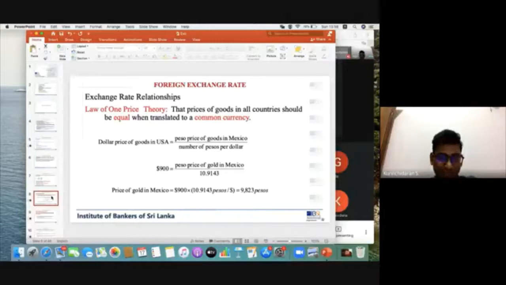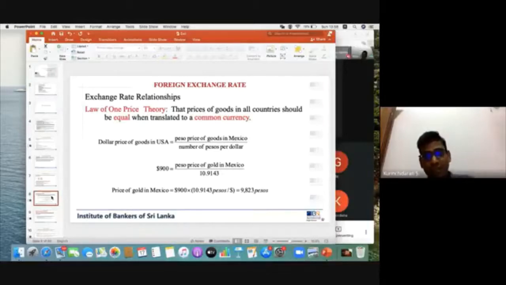That means if you take the dollar price of a good in USA and multiply that with the peso USD exchange rate, or USD peso exchange rate, that price is equal to the dollar price. That means one good is sold at $900 in the US.